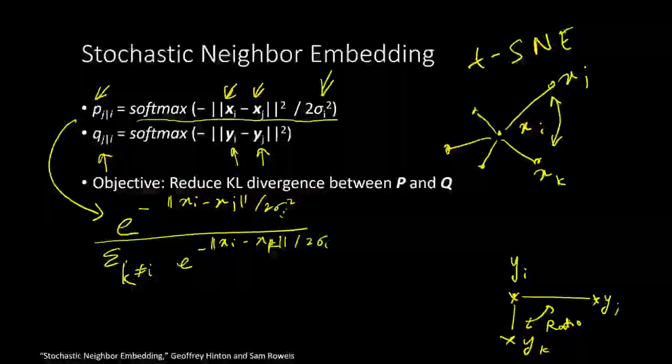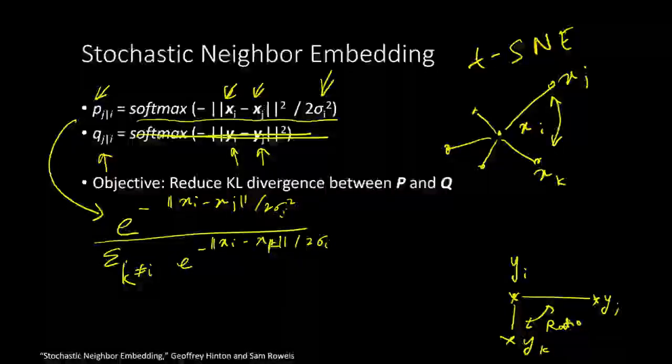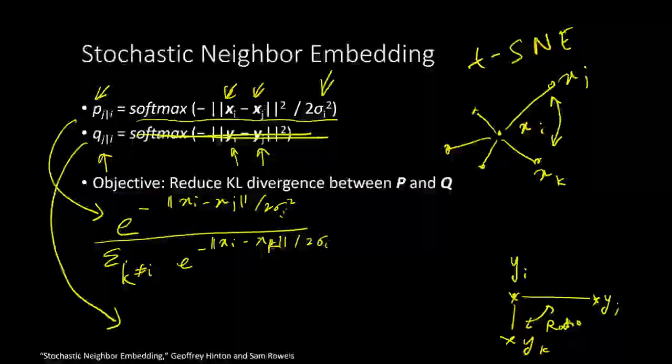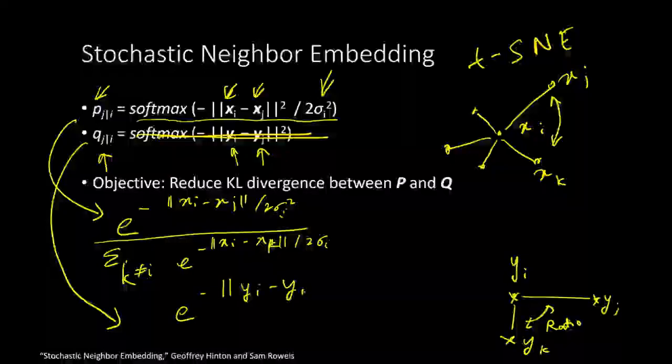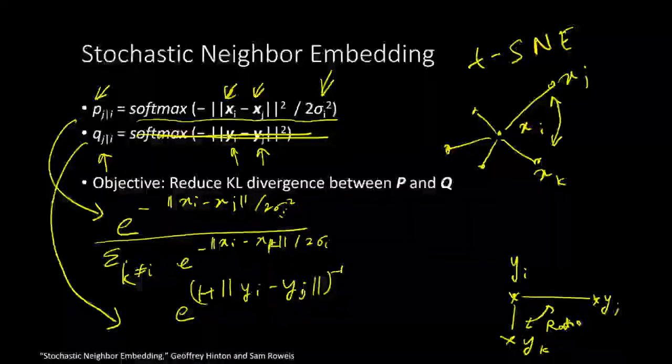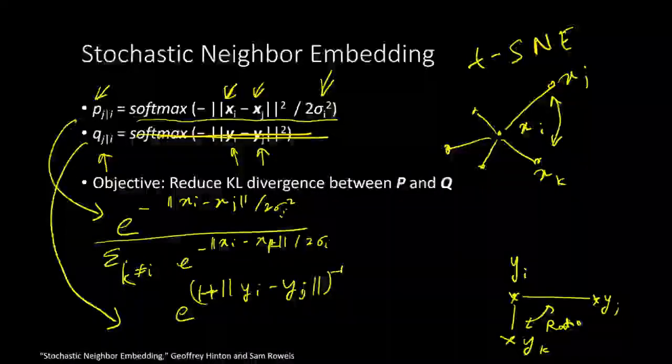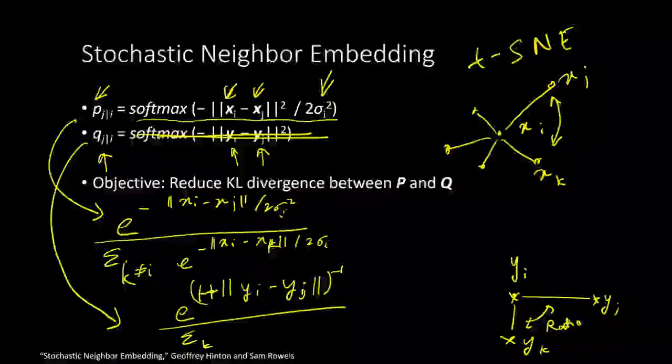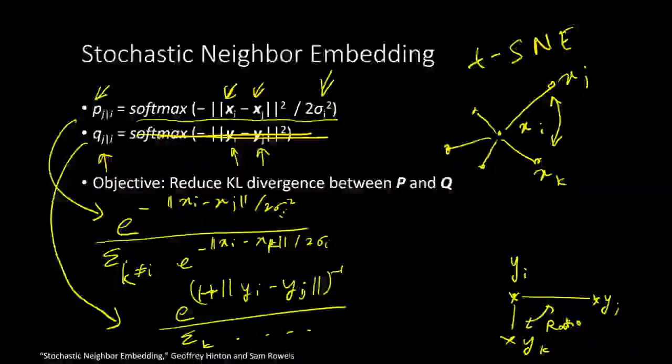Similarly, we can have something for the projected points y also, except that we simplify this. Instead of this, what we actually use is 1 plus the norm of yi minus yj squared, to the power minus 1, divided by the sum over k of the same thing.